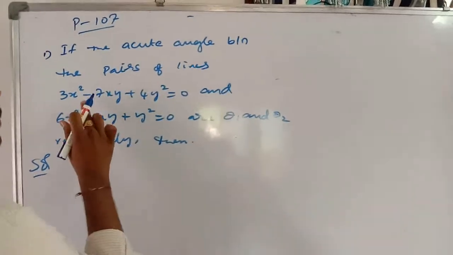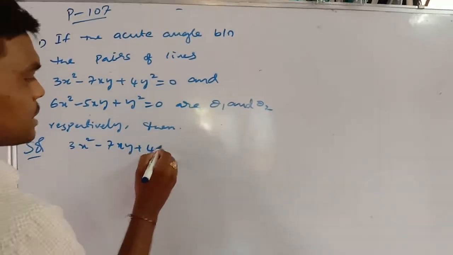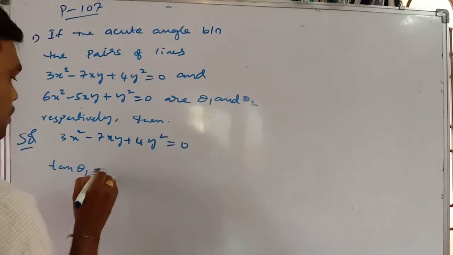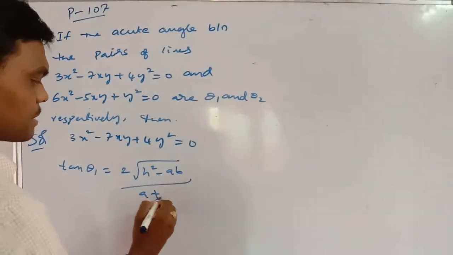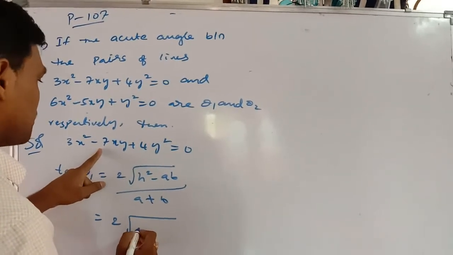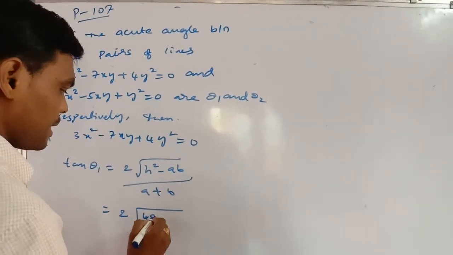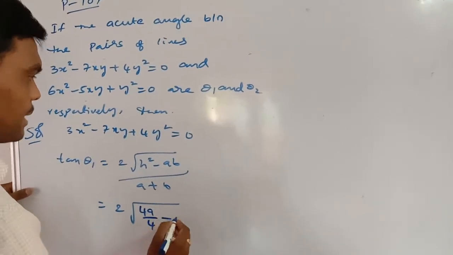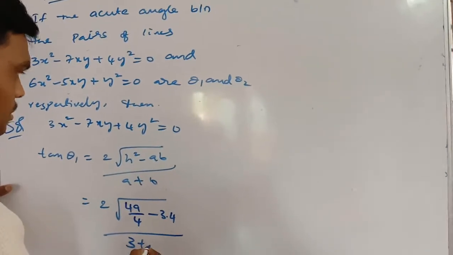Now the first pair of lines is 3x square minus 7xy plus 4y square is equal to 0. Here tan theta 1 is equal to 2 into root of h square minus ab by a plus b. Here h is minus 7 by 2, so h square is 49 by 4, minus ab, 3 into 4, by a plus b, 3 plus 4.